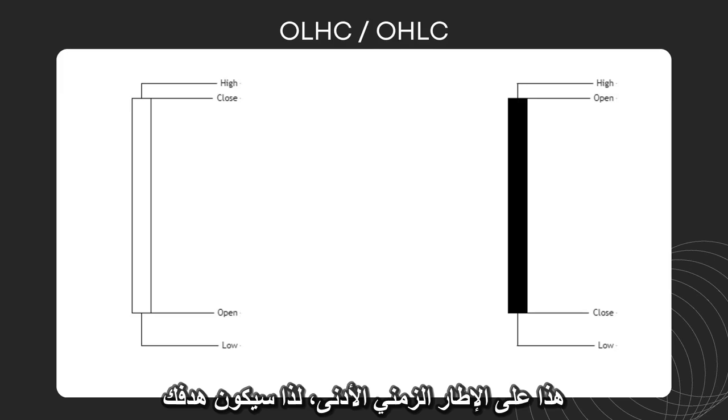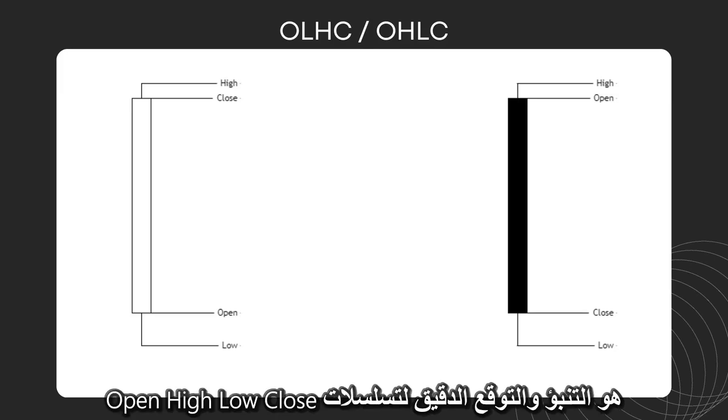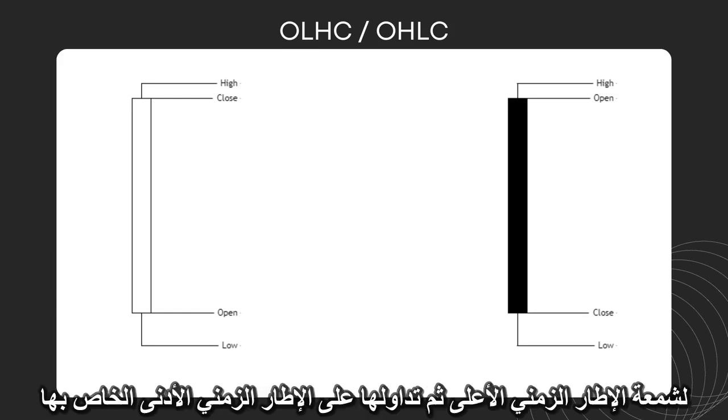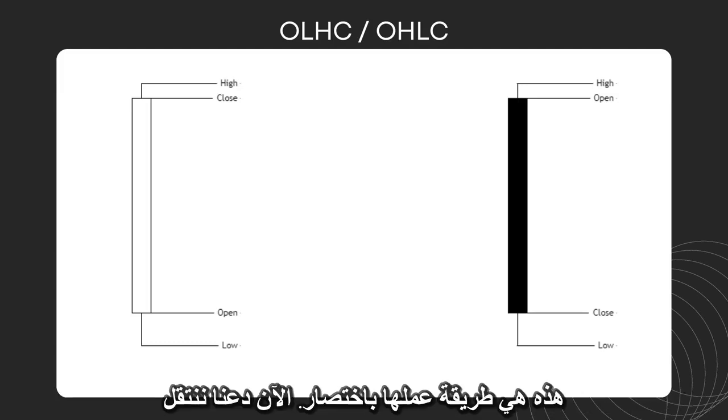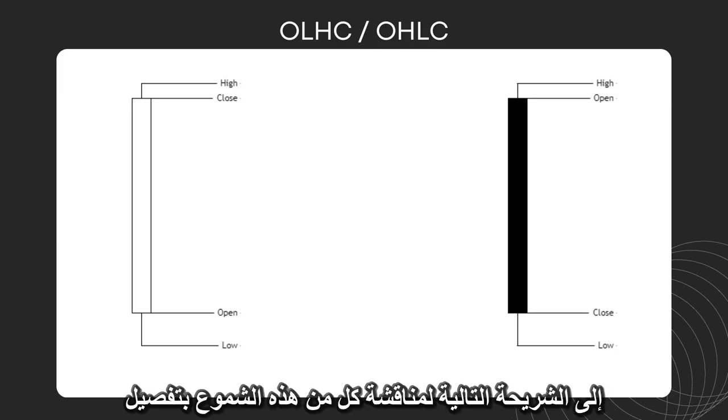So your objective would be to accurately predict and anticipate the open, high, low, close sequences of a higher time frame candle and then trade it on its respective lower time frame based on time frame alignment and time frame selection, right? That's up to you. This is how they work in a nutshell. Now let's move on to the next slide to discuss each one of these candles in great detail.